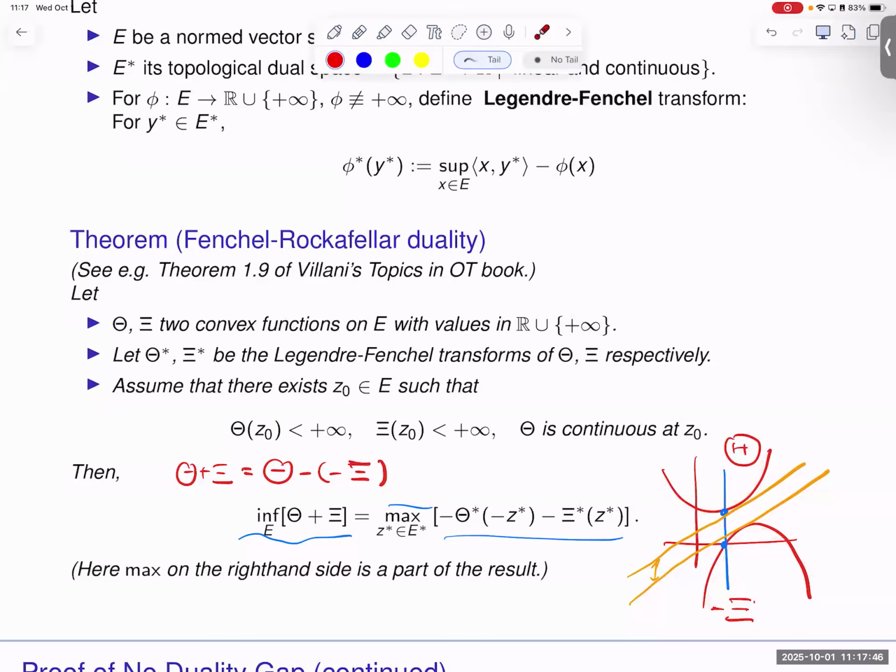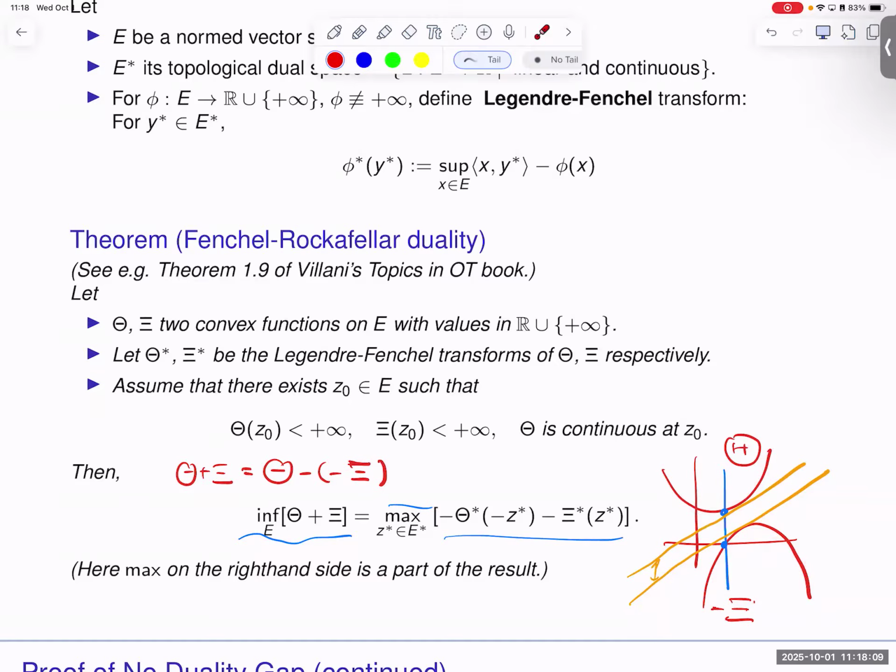And the point is that there exists some z star, which corresponds to the slope of such parallel hyperplanes, such that the gap between these hyperplanes is equal to the minimum gap, or infimum gap, between these two functions.